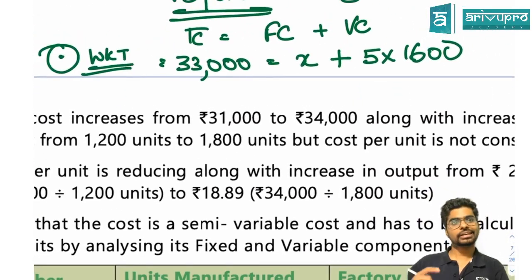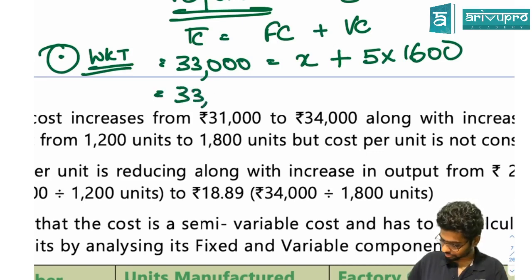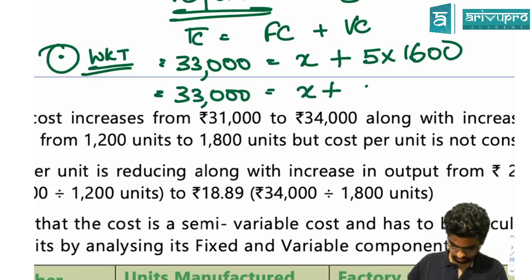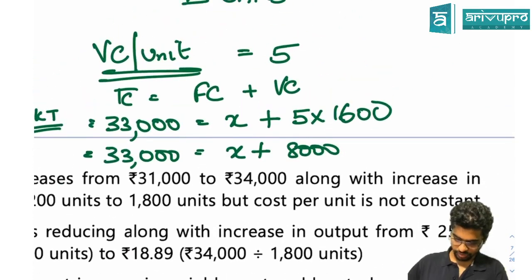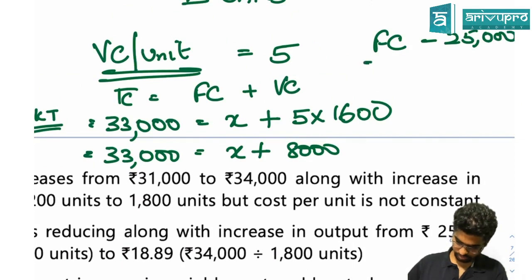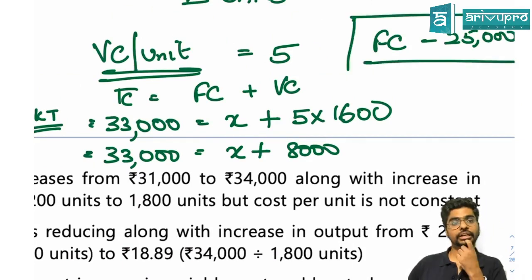Correct, right? The total variable cost will be variable cost into the number of units. Yes or no? So, my fixed cost will be 33,000 minus 8,000, which will be 25,000. Did you all understand this?